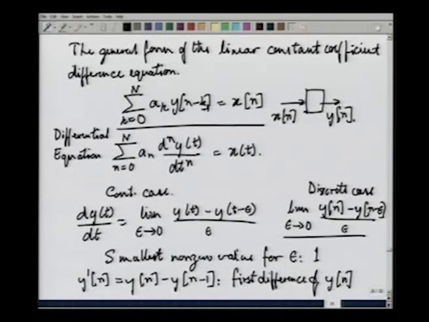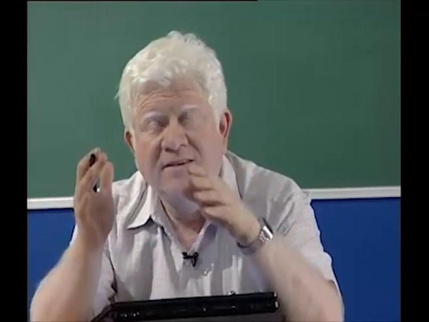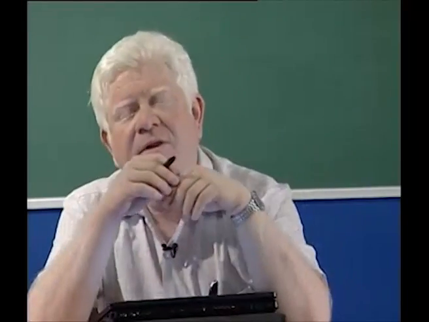Very simple. After you add the 0th difference, which is y n itself, with some scaled version of the first difference and some scaled version of the second difference and so on up to some scaled version of the nth difference, you will get all kinds of terms, but they will all be y n minus 1, y n minus 2, y n minus 3 and so on up to y n minus capital N. This is all you will get, except that now the coefficients are all getting a little mixed up.